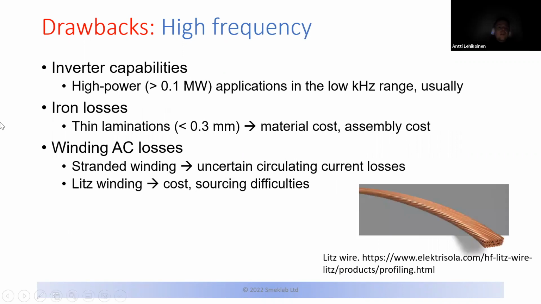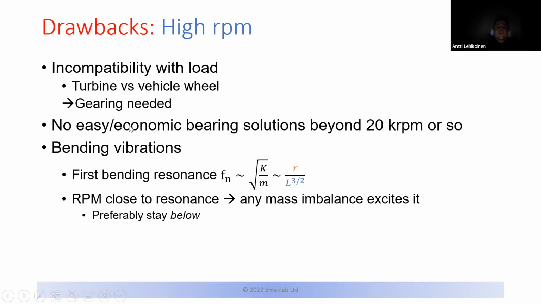Then also bearings. Bearings can get difficult beyond maybe 20k RPM or so. And finally, those bending vibrations that I mentioned earlier.